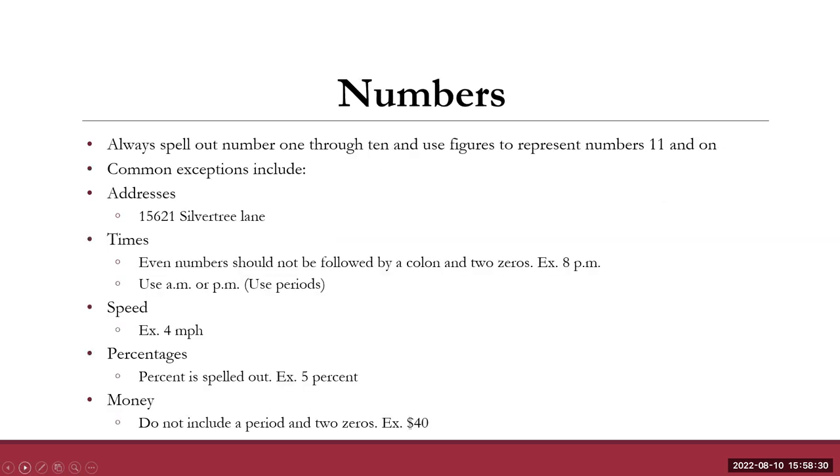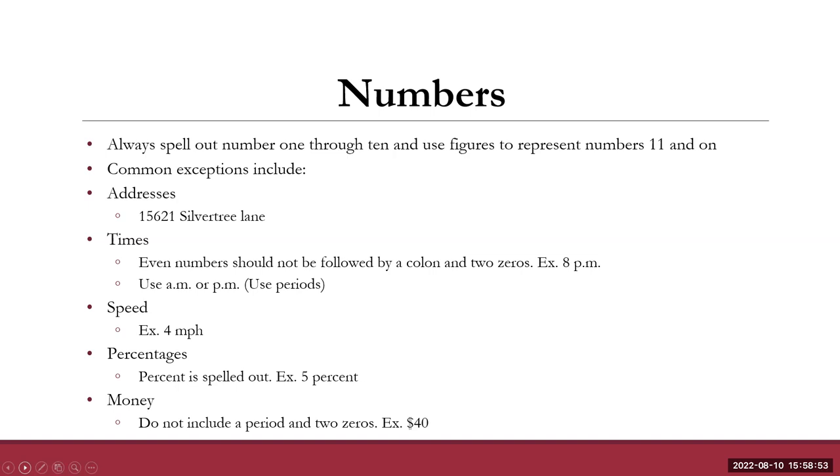Let's look at numbers. You want to always spell out numbers 1 through 10 and use figures to represent numbers 11 and so forth. Common exceptions include an address, right? In the address, you're just writing the address. Another would be time. Even numbers should be followed by a colon and 2 zeros.